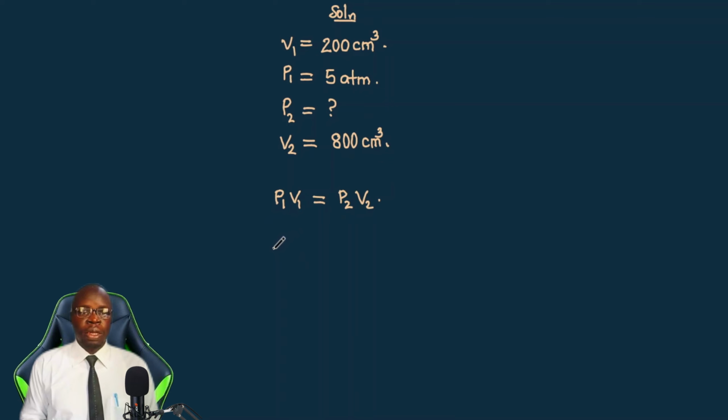Pressure 1 is 5 atmosphere, and you're multiplying this by volume 1, and our volume 1 is 200. So this must give us pressure 2, which is what is missing, and right there P2 times again volume 2, and our volume 2 happens to be 800, so we can put it here, 800.